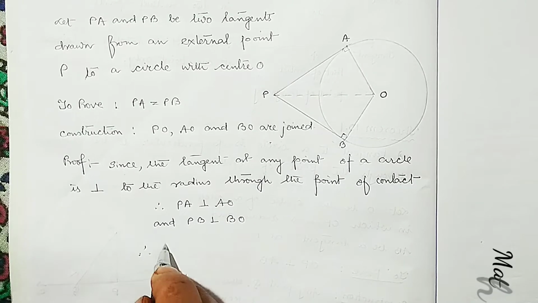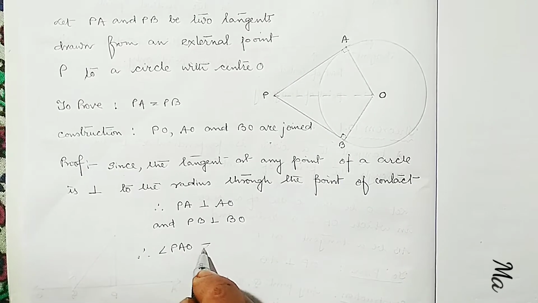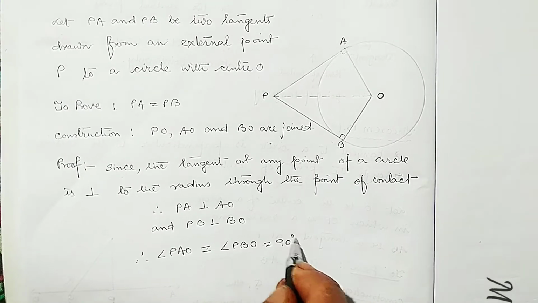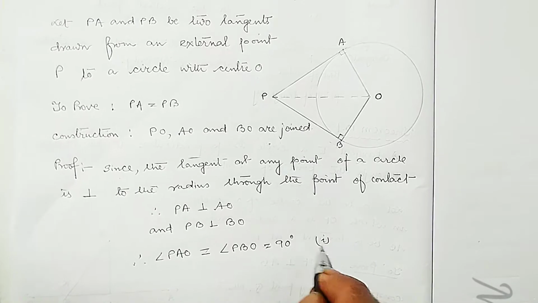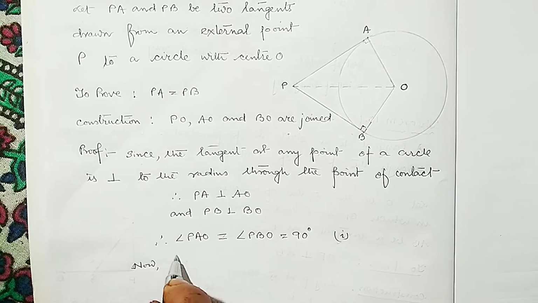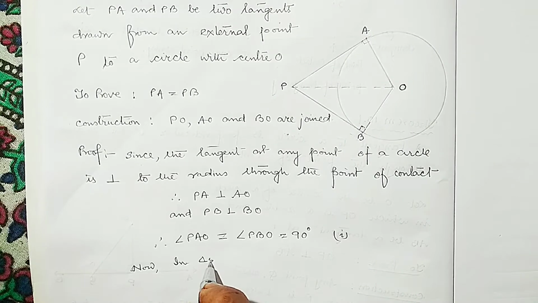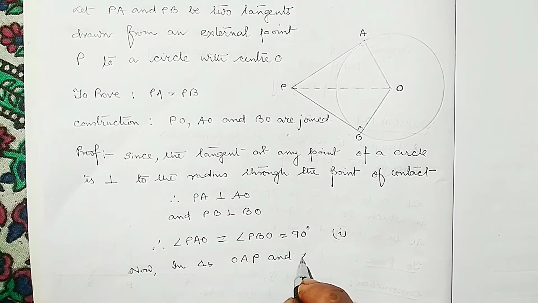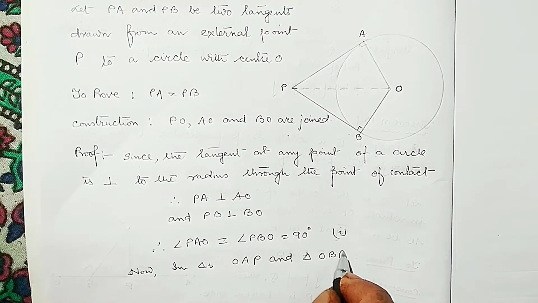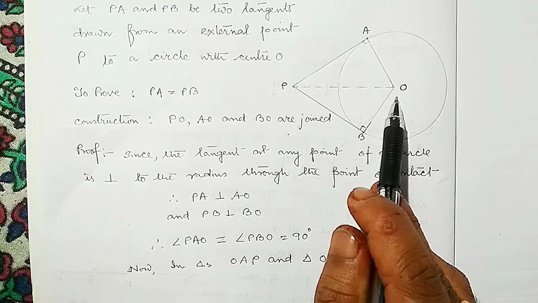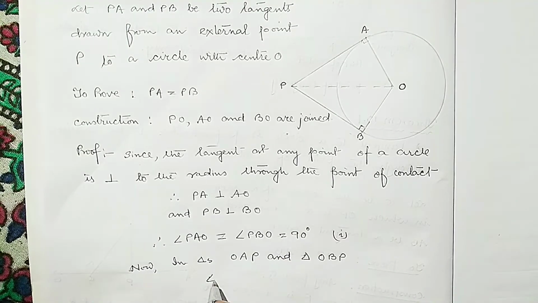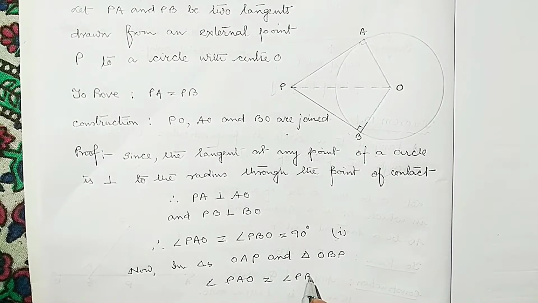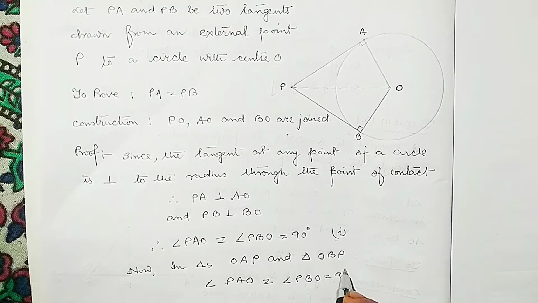Therefore I can write, angle PAO equals angle PBO. Both will be 90 degrees. So we can write here 90 degrees. Okay, we can write equation number 1. Now in triangles OAP and OBP, angle PAO equals angle PBO, each 90 degrees from equation number 1.